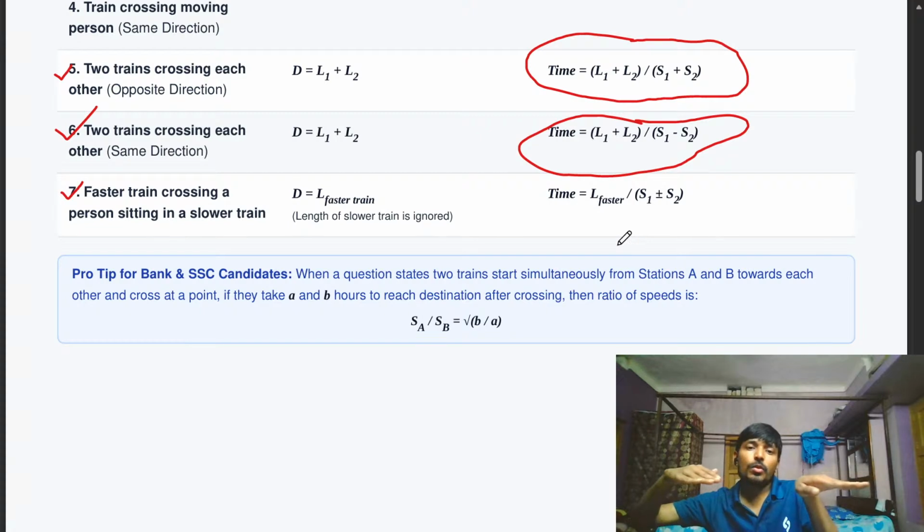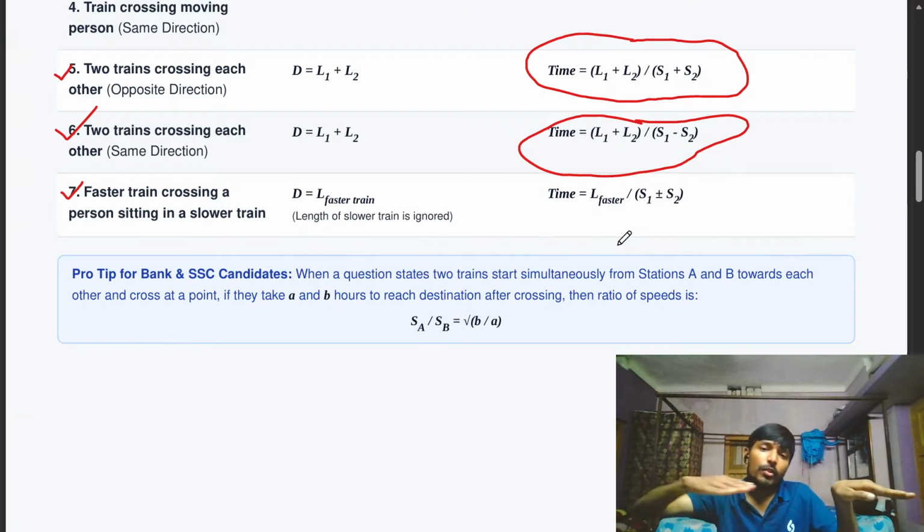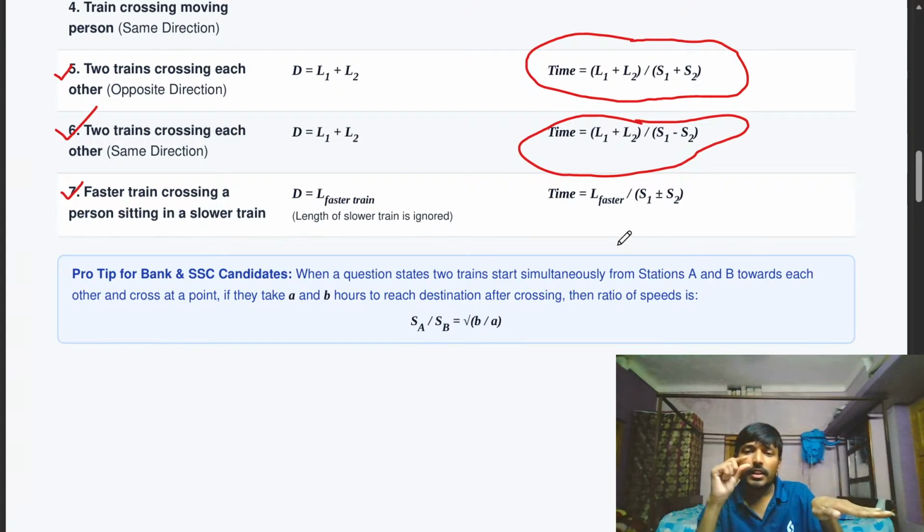So in this case, distance covered equals the length of the faster train. As a person is sitting here, the length of the person is negligible and ignored.